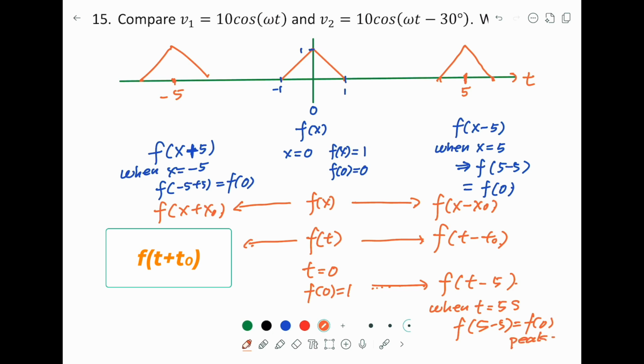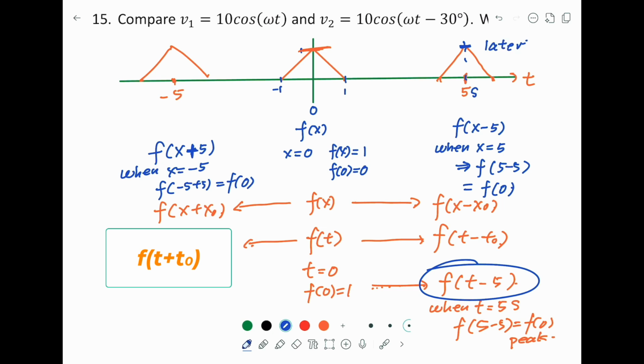It means equal to 1. So before, you have a function that at time equals 0 reached the peak. Now you have another function written as f(t minus 5). If this is t, this function reaches the peak at time equals 5 seconds. So this happened later.